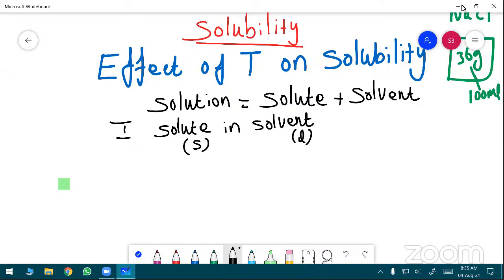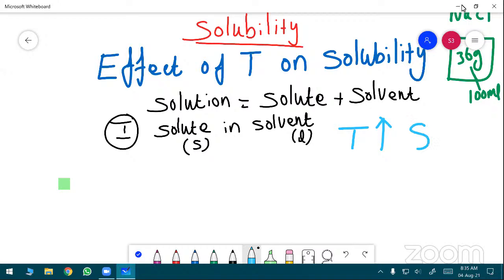This is system number 1. What happens when the temperature increases? As you know very well, the statement is that when temperature increases, solubility also increases in this type of system.